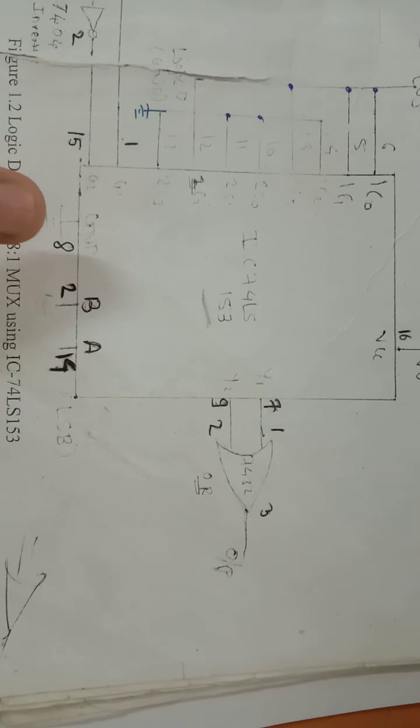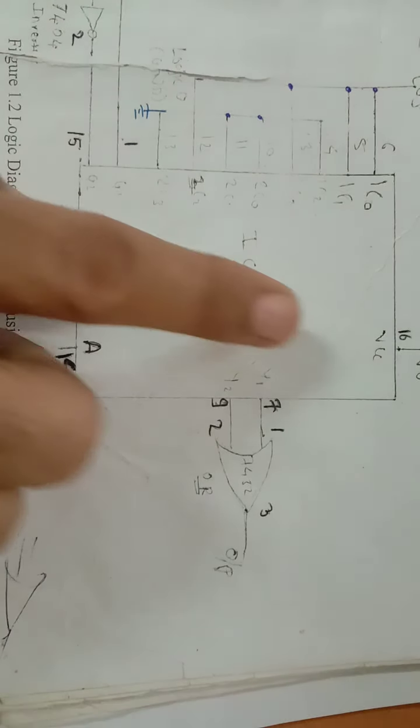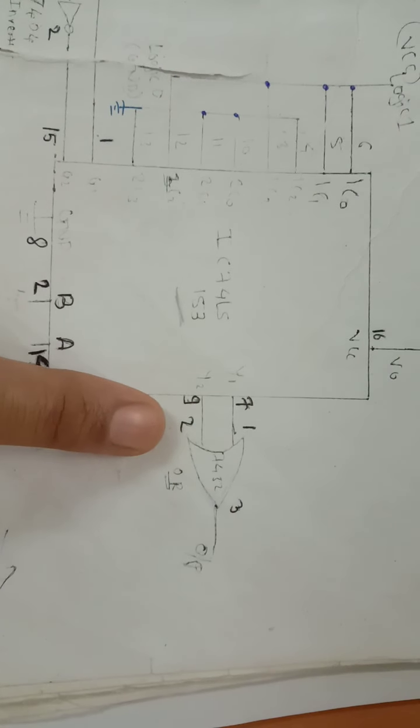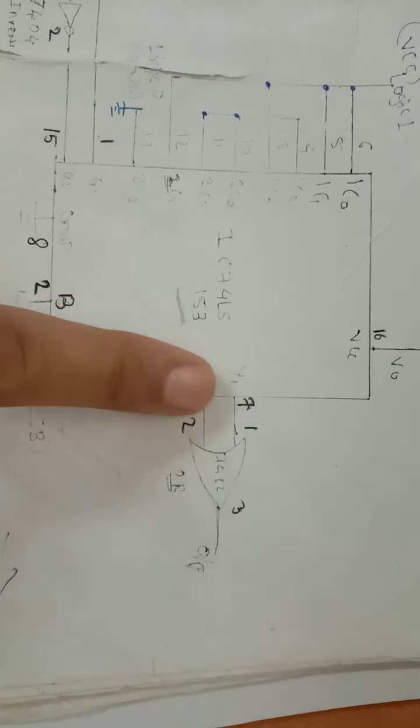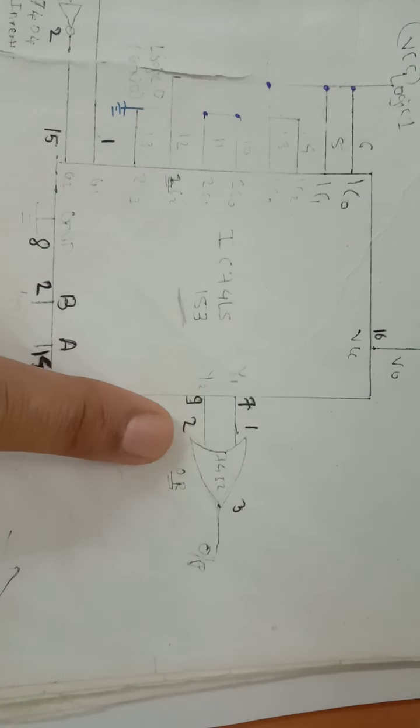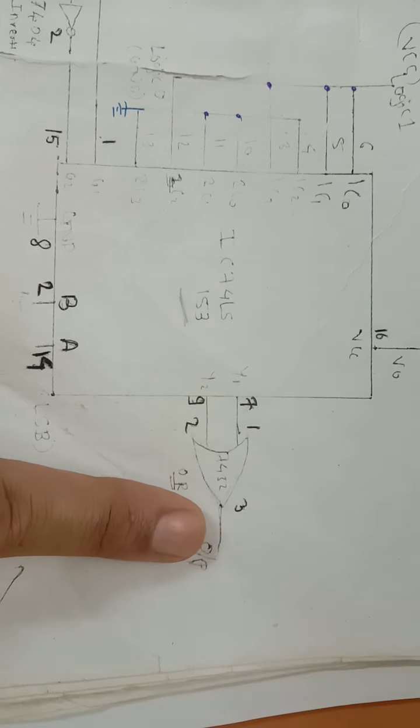Here pin 16 is connected to VCC, pins 1 and 2 of the OR gate, and pins 7 and 9 of the 153. So 7 to 1 and 9 to 2, like this, and the output you can connect to pin 3.